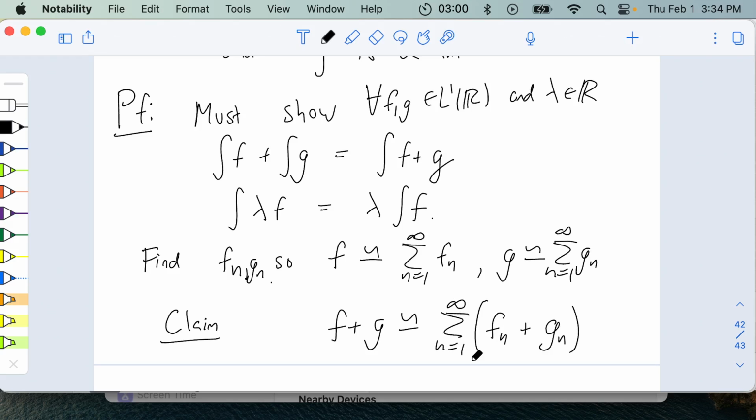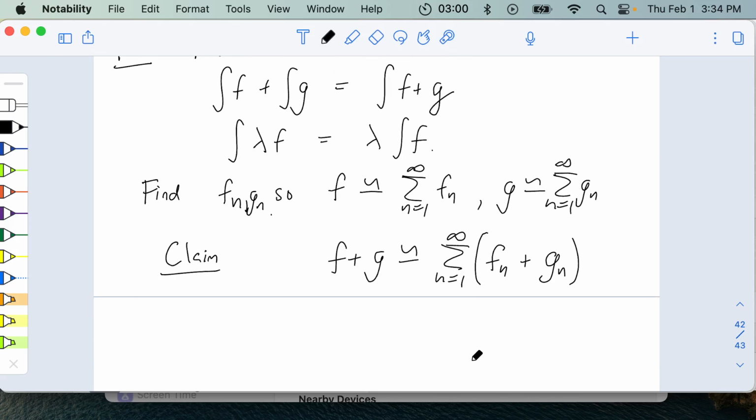If you want to be very technical, you should check points A and B in the definition of this tilde equals thing. But it's pretty clear.